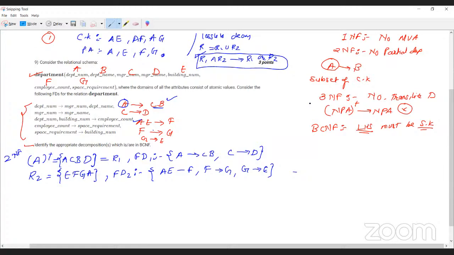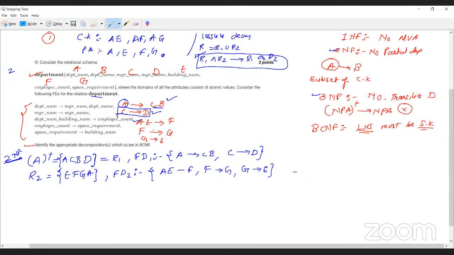Say A determines C, C determines B, then A determines B. This is a transitive dependency, and we should check that as well. But I'm decomposing this relation first into 2NF, then 3NF, and then BCNF. So as of now my relations R1 and R2 are in 2NF, since all the functional dependencies satisfy the 2NF condition, because there is no partial dependency here.